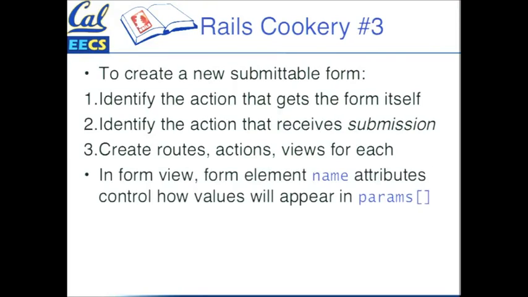And the magic that occurs is that when we look at the form, each form element has a name. And these are the attributes that control how the values will appear in your controller. And in your controller, you'll get a hash called params.